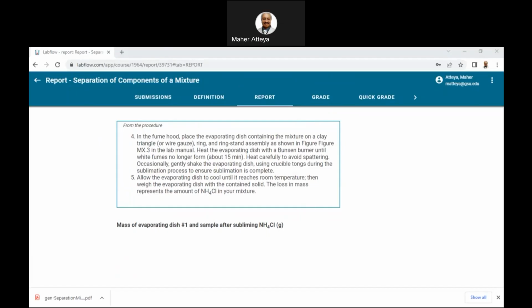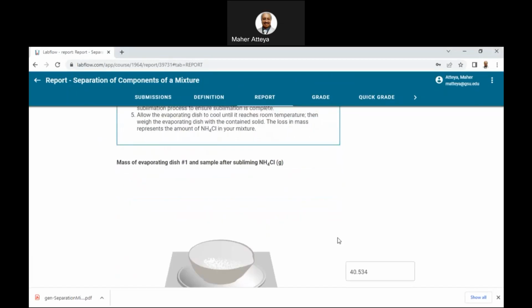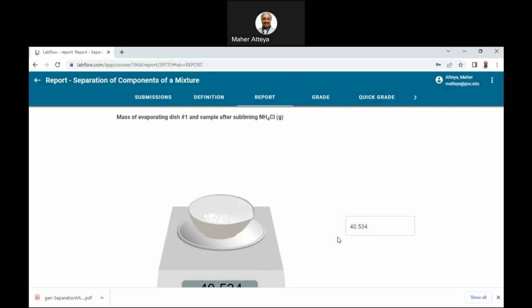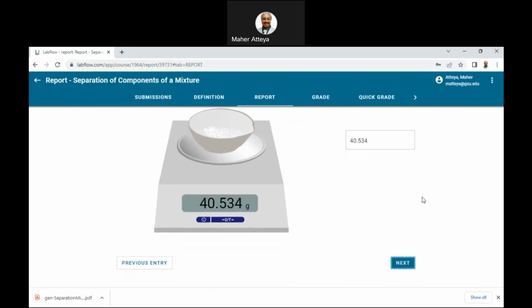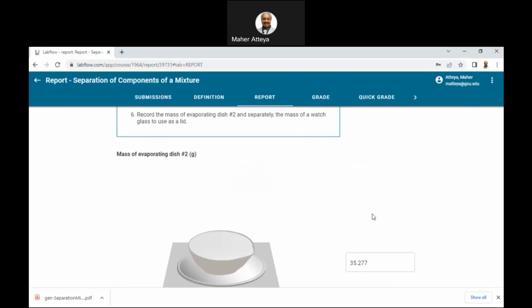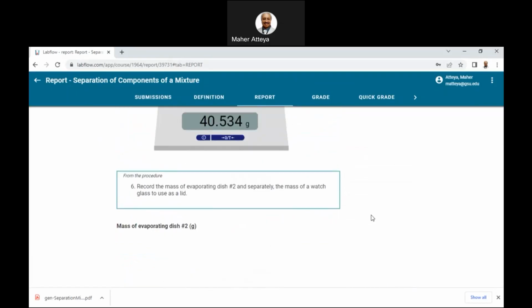So now it's 40 point. Mass of evaporating dish and sample, and one is this one here. Just next. Record the evaporating dish 2. They say the evaporating dish 2, we did not have those. See here, 40, copy.